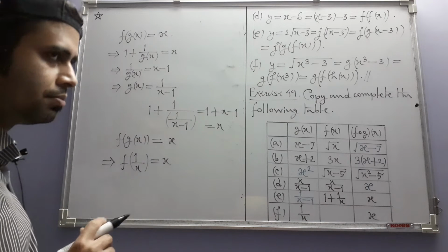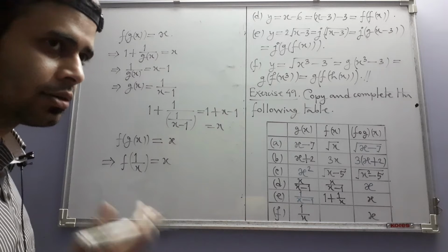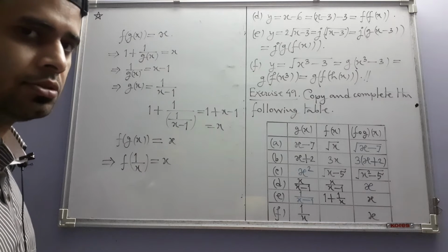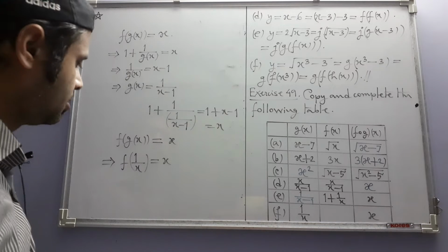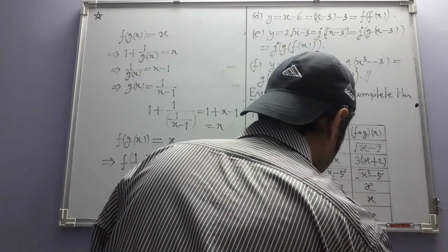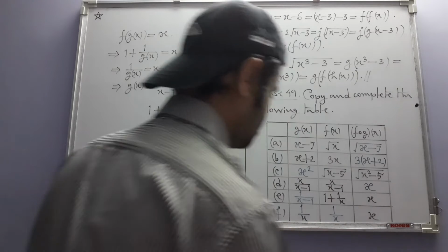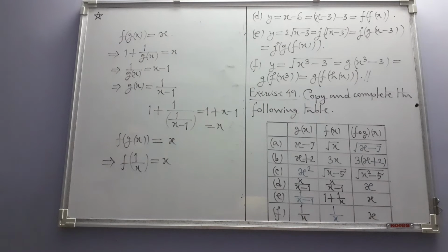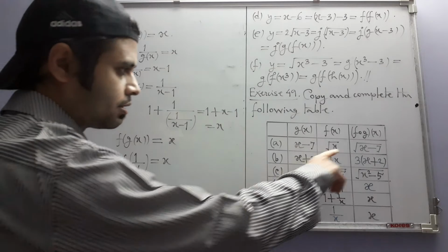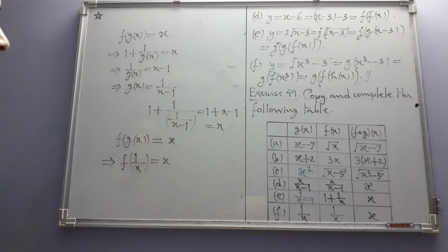If you want to turn 1 over x into x, what do you do? You again take the reciprocal. So although f is not given, it's easy to guess. So these are the missing entries in this table and we have completed it.